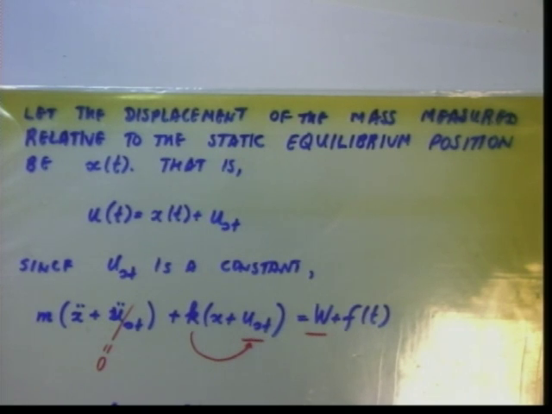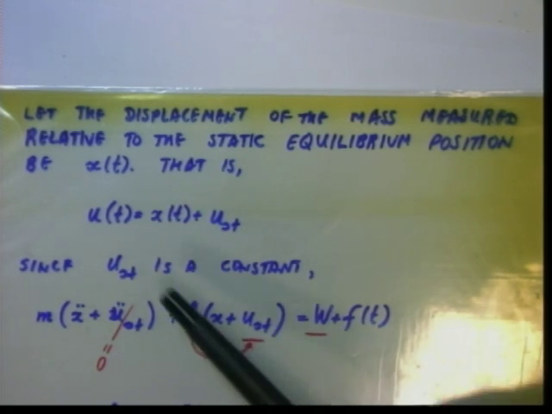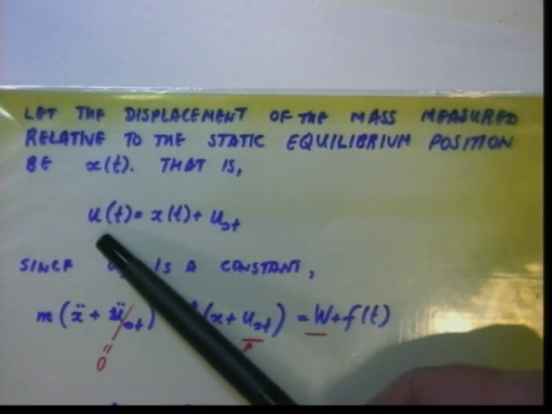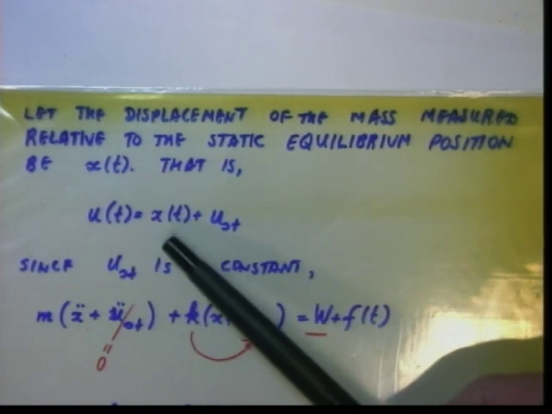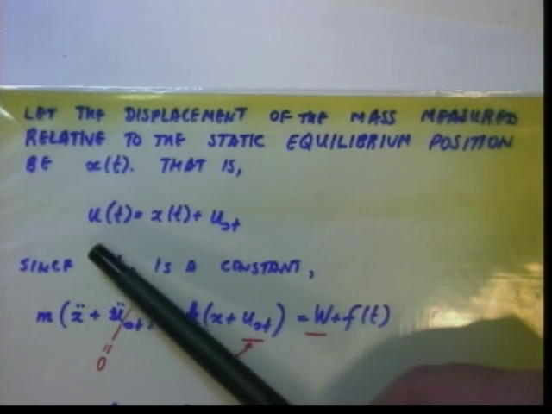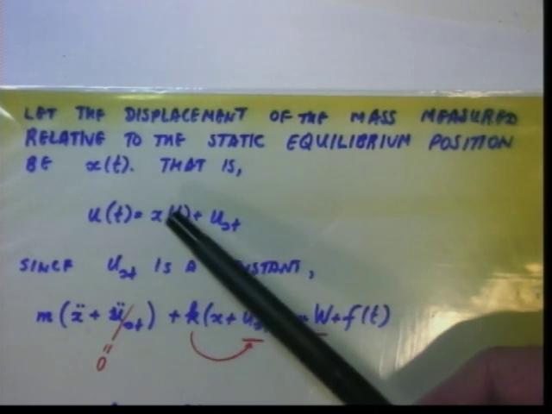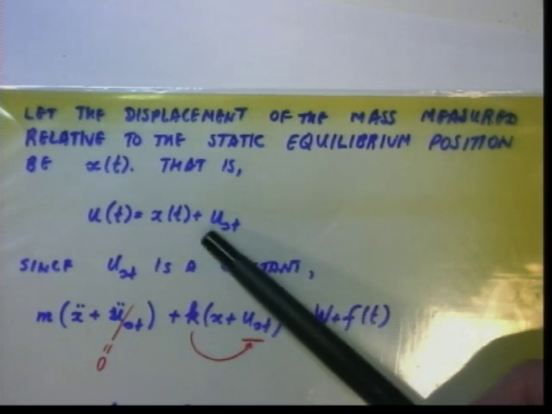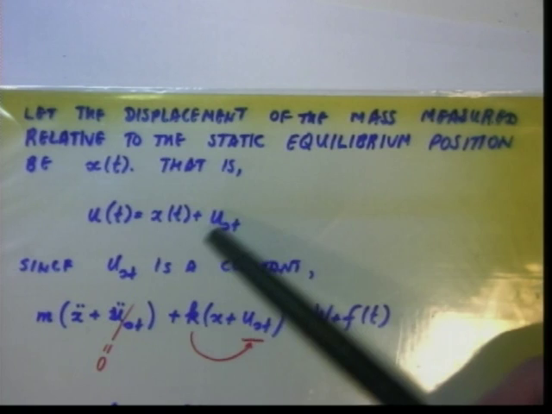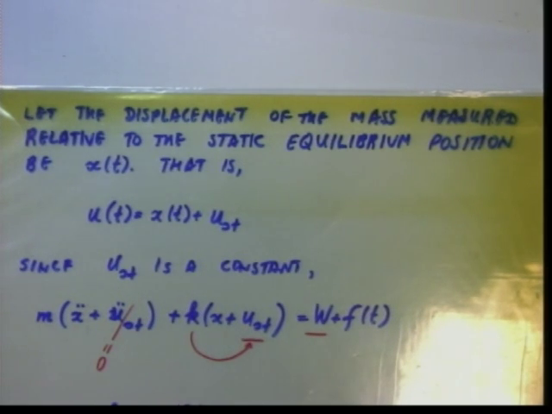Now, that measurement, I say, is that u of t will be x of t plus u static. What I'm saying is that I would like always to know, this is a dynamic problem, but what would it be if I would have solved it statically?